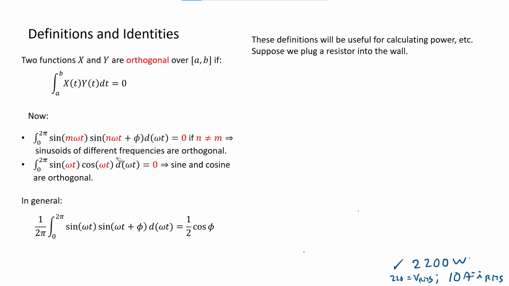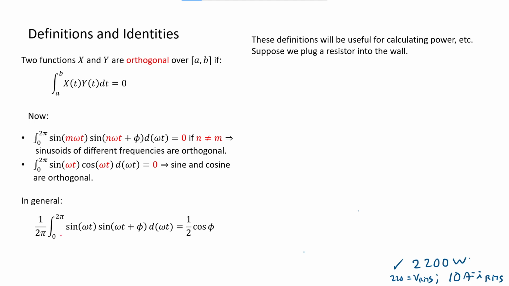For trigonometric functions with different frequencies, the condition is that m and n have to be integers. Then the integral over a period is 0.